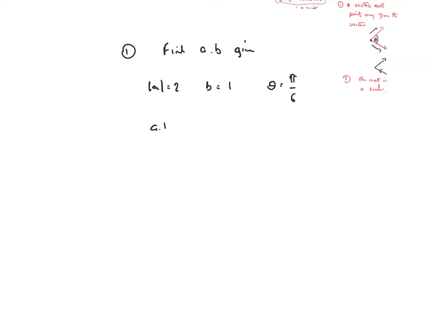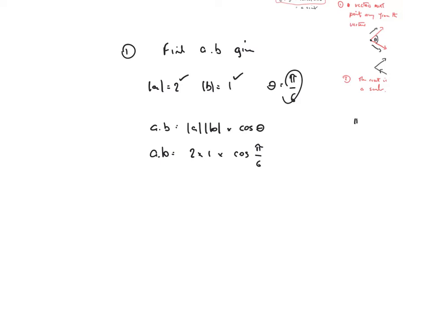So A dot B equals magnitude A times magnitude B times cos theta. A dot B equals, well, the magnitude of A, as you can see, is 2, multiplied by the magnitude of B, which is 1, multiplied by cos theta, which is cos pi over 6.